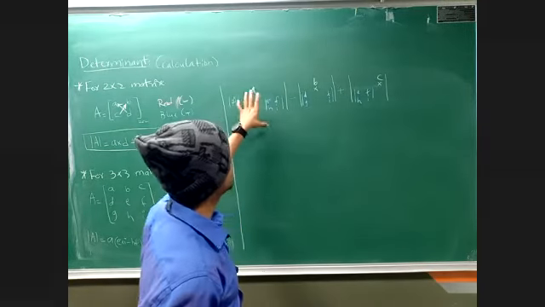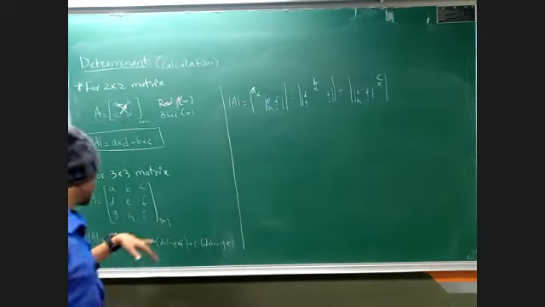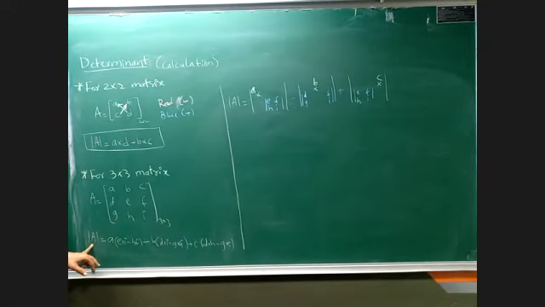So whenever we multiply these terms, we get the determinant of a 3 by 3 matrix. Okay. So this is the procedure to find the determinant.